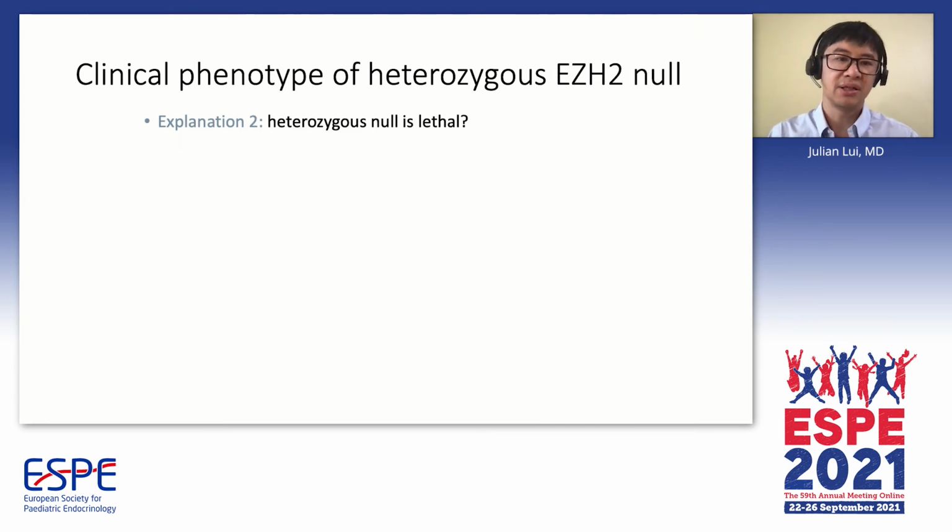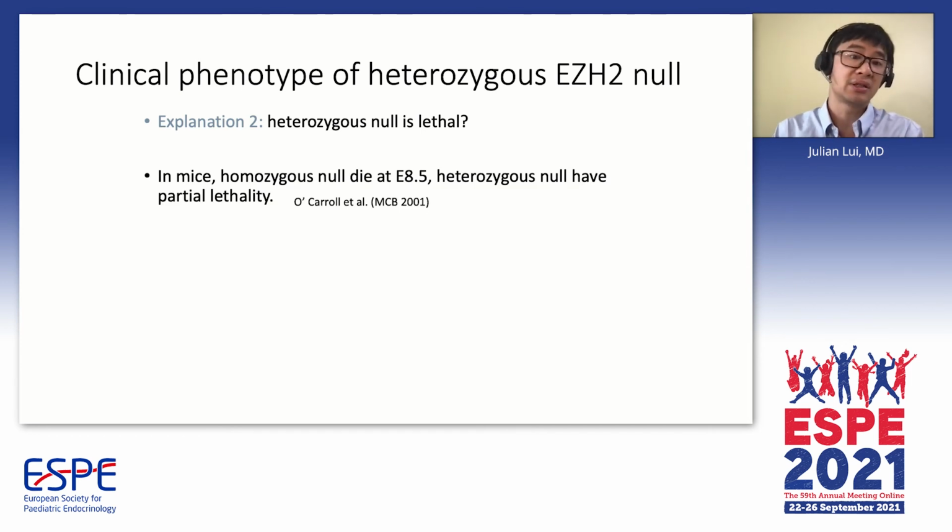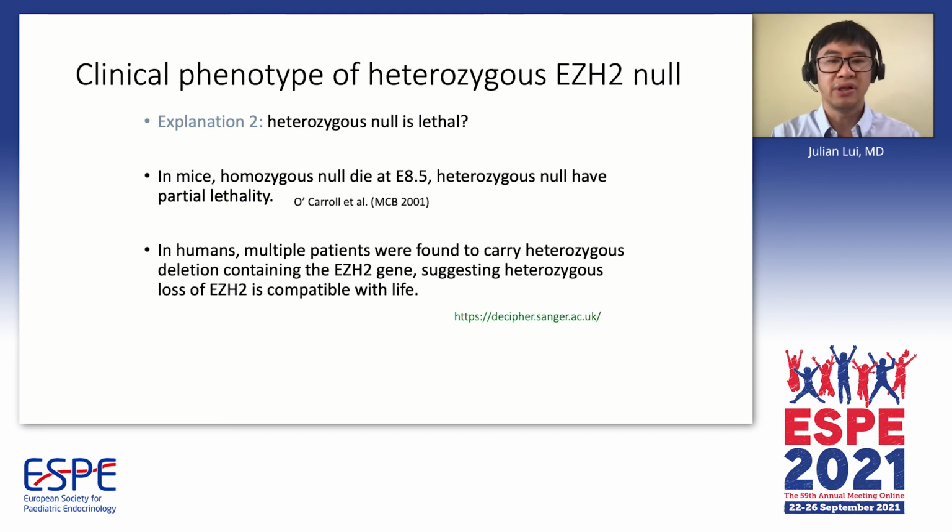Second possibility is that the mutation is lethal. It certainly is in the mouse, but when we look in the DECIPHER database, we actually found quite a few patients with heterozygous deletion that contains the EZH2 gene, suggesting the heterozygous loss of EZH2 is actually compatible with life.